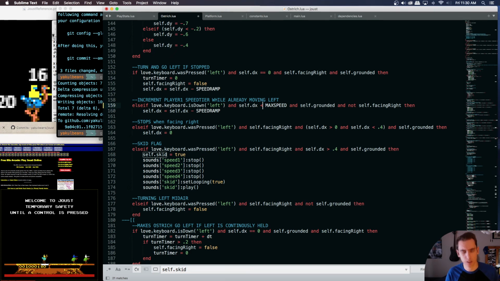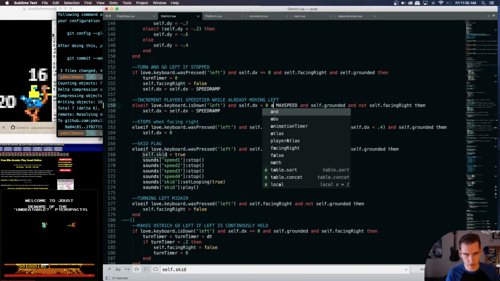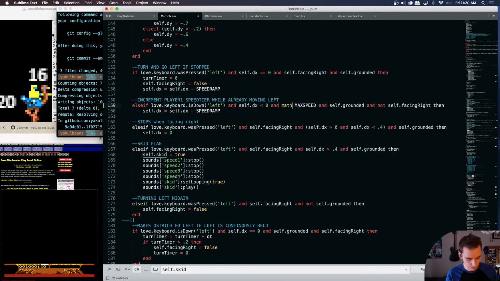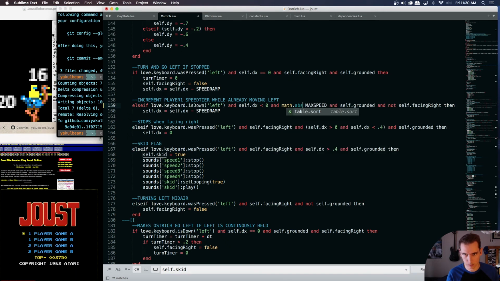So self.dx has got to be smaller than 0 and the absolute value of self.dx is smaller than max speed.